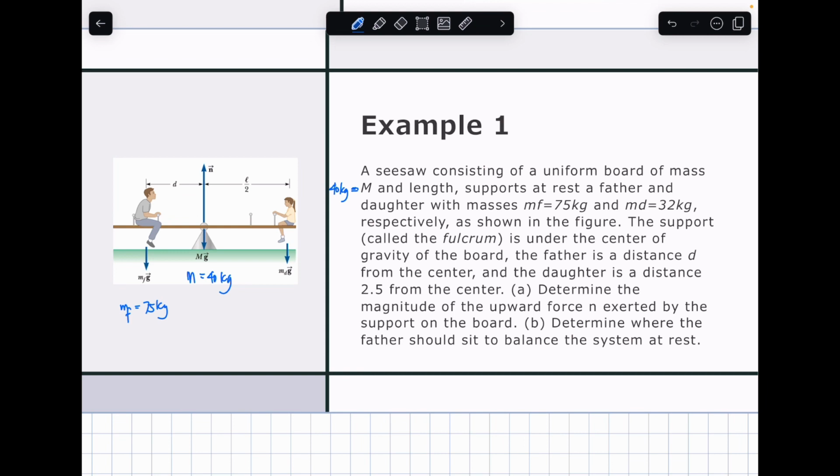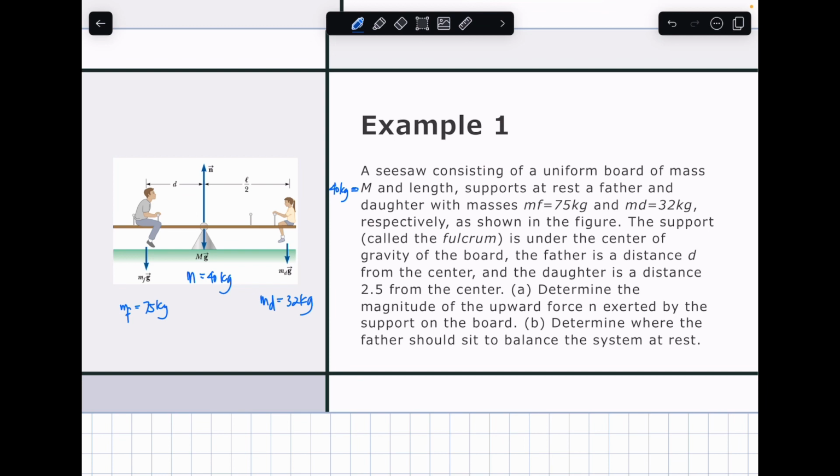For our answer, the mass of the daughter is equivalent to 32 kilograms, as shown in the figure. The support, which is called the fulcrum, is under the center of gravity of the board.